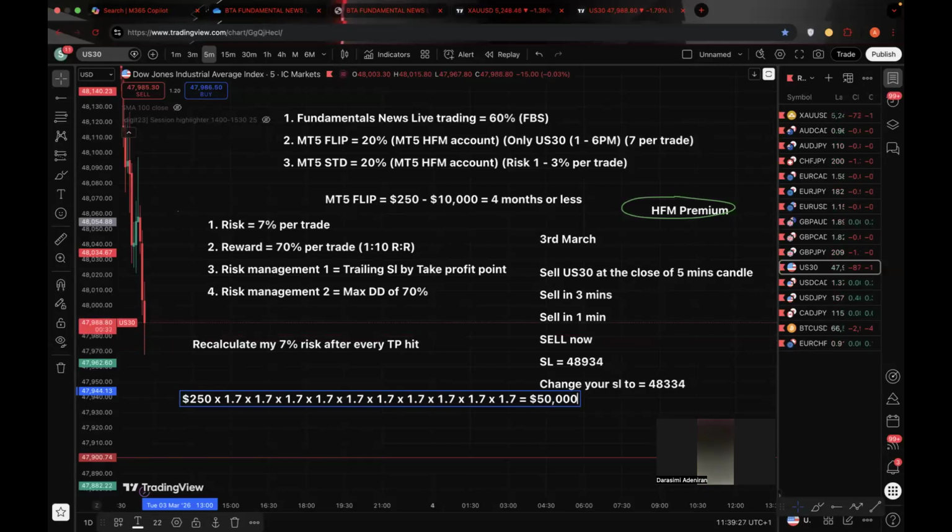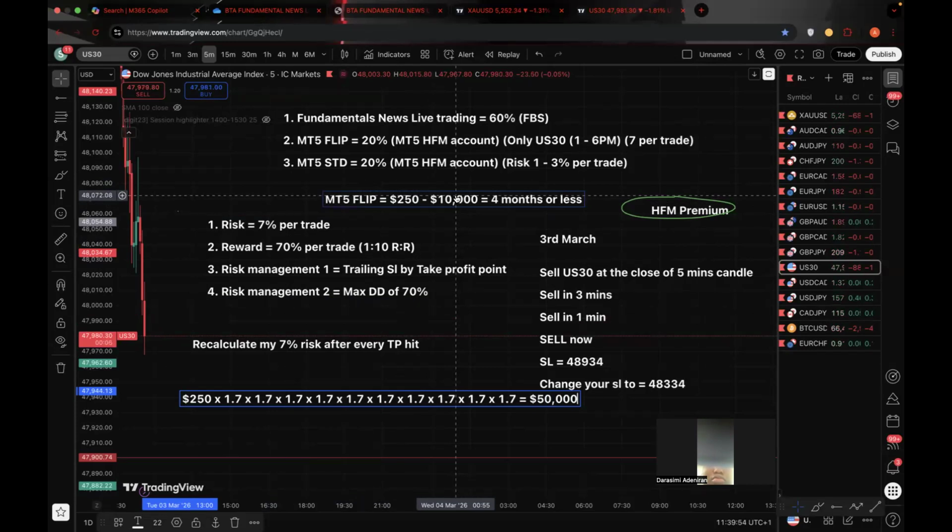So my profit target in four months is very conservative at $10,000. So how many TP5s do I need to hit before that period? So this is 1, 2, 3, 4, 5, 6, 7.